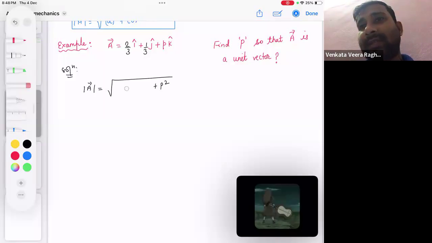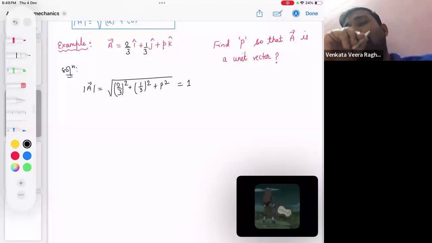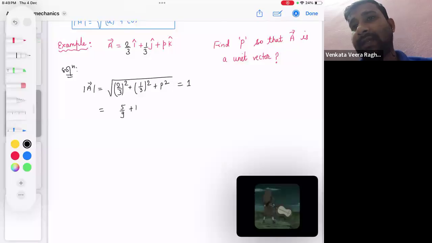See now, the i cap component is 2 by 3, squared. The j cap component is 1 by 3, squared. And the k cap component is p, squared. And we want this magnitude to be 1, right? So we get 4 by 9 plus 1 by 9, which is 5 by 9, plus p squared equal to 1.